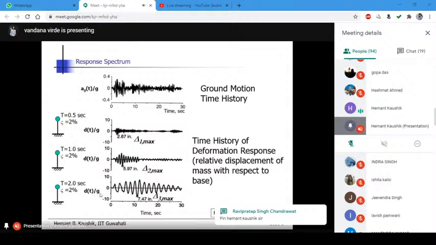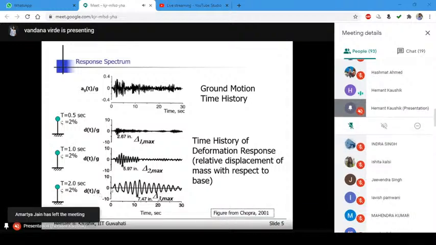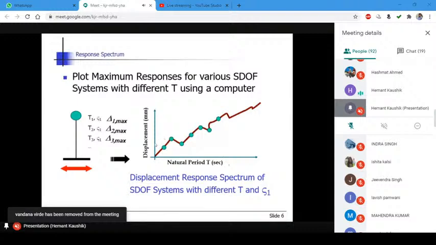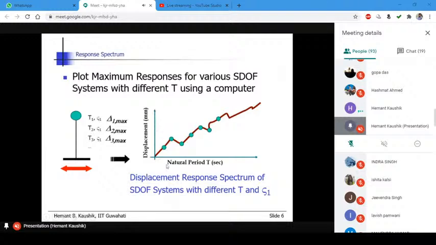After so much analysis, solving the equation of motion so many times, we get only 3 points: delta 1 max, delta 2 max, and delta 3 max. Now, I will plot that maximum displacement on the y axis versus the natural period of the single degree of freedom system.